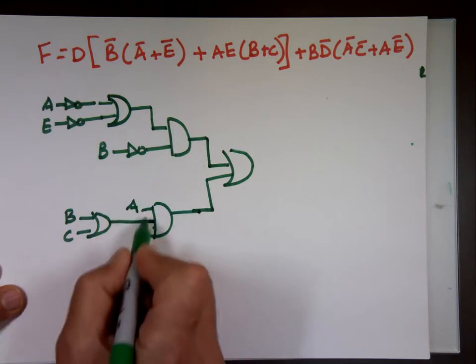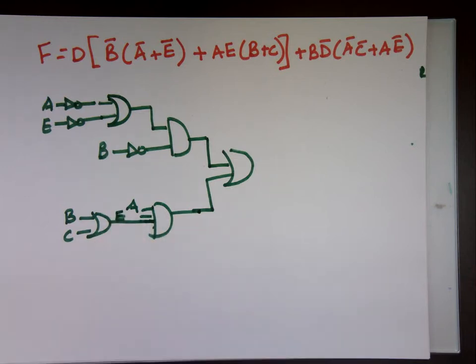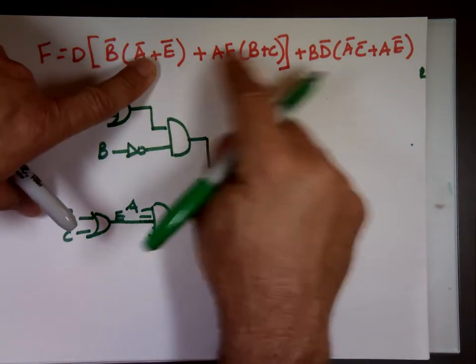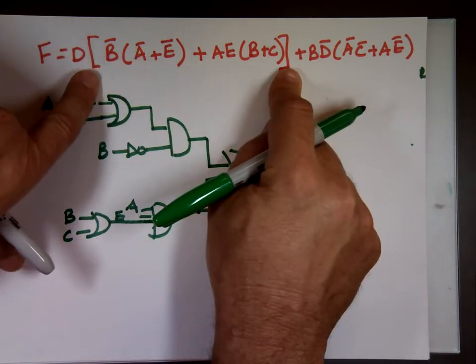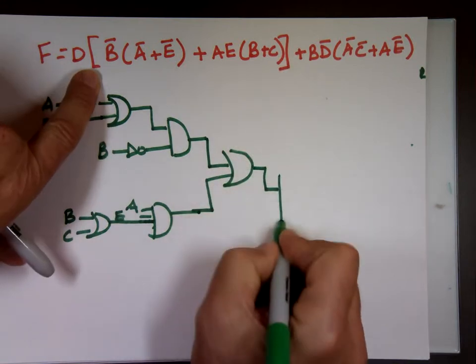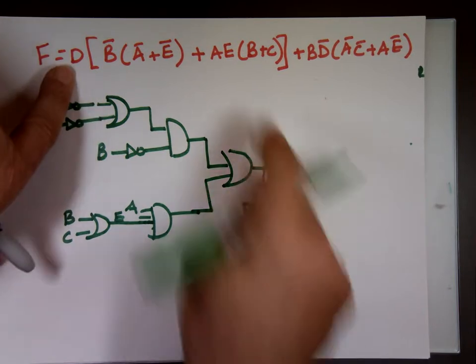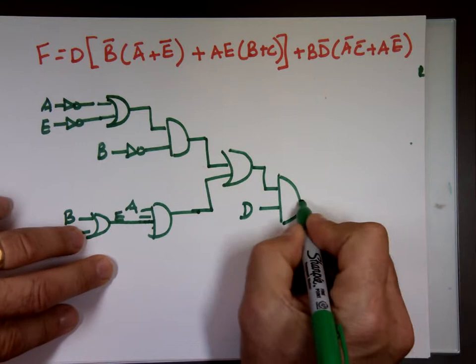A and E. So this one is this, that one is this, or them together, that's this. The whole thing is what? AND it, right? By D. That takes care of the whole left side now. All of that ORed.